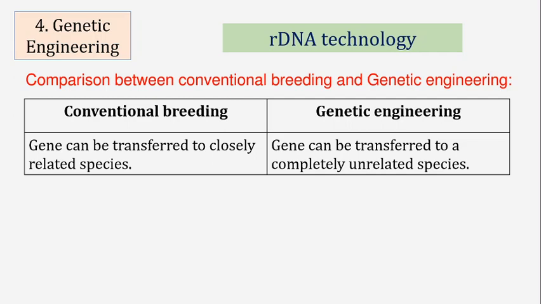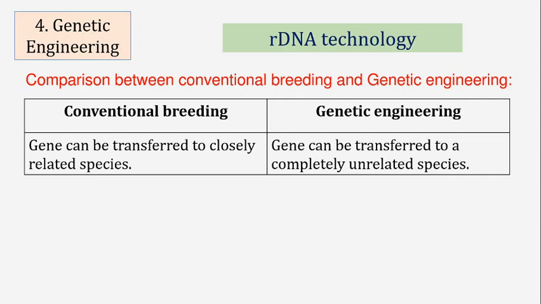That is not possible, because in that case the pollen cell or the sperm will get rejected by the other species, or by the ovum of the other species. They reject it when they see that the chromosome number and the structure are not compatible. They reject it. So it is not possible.